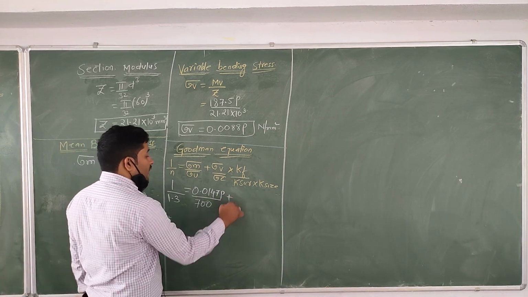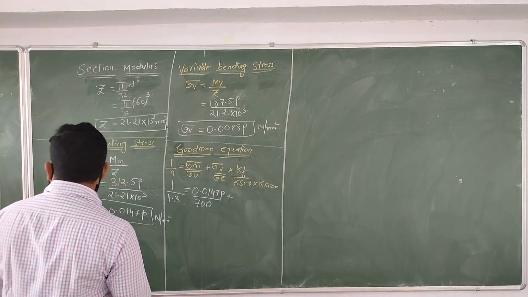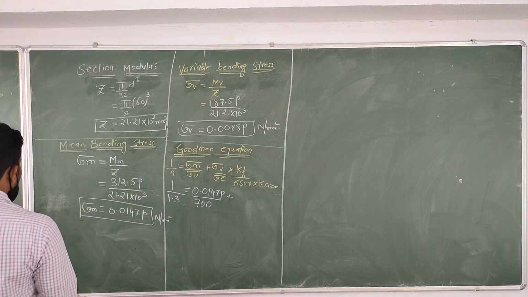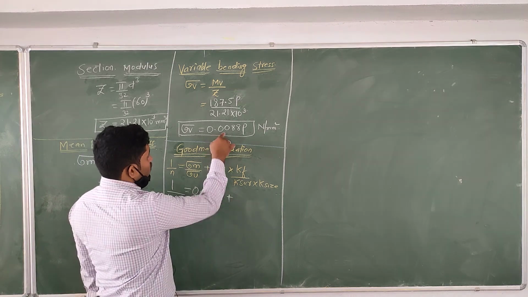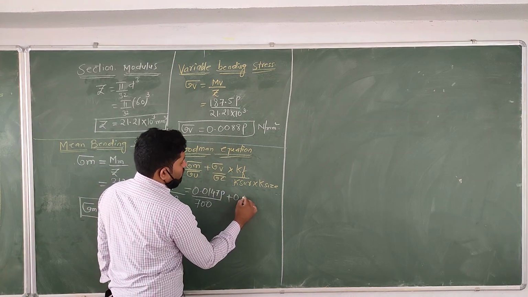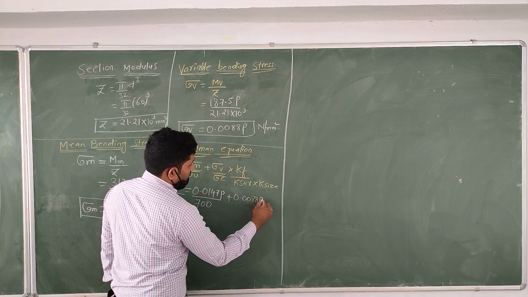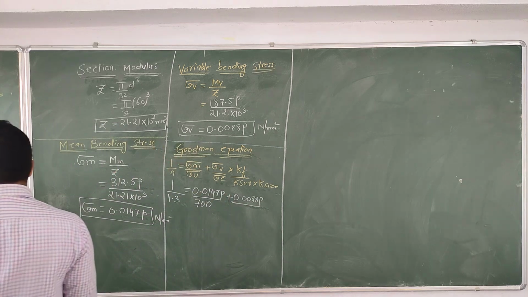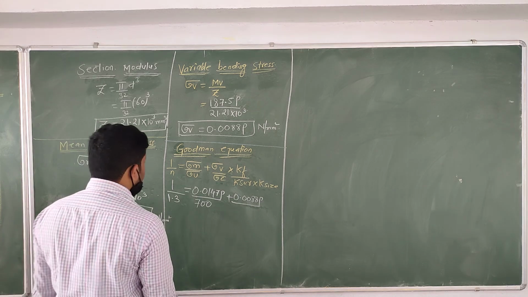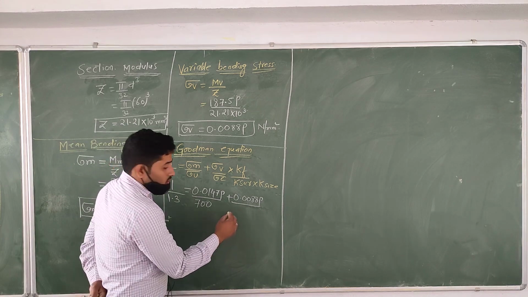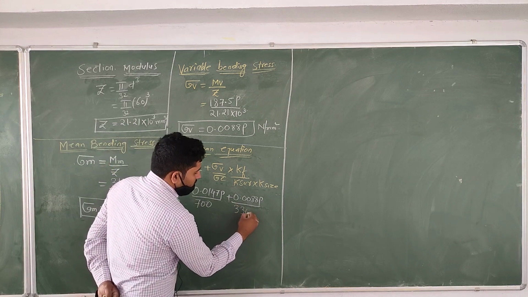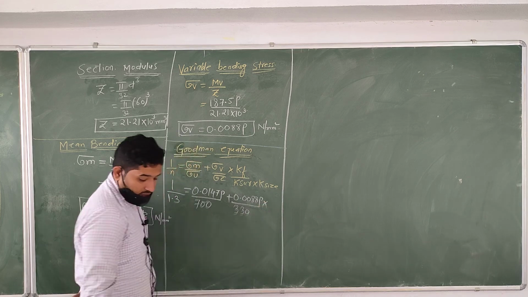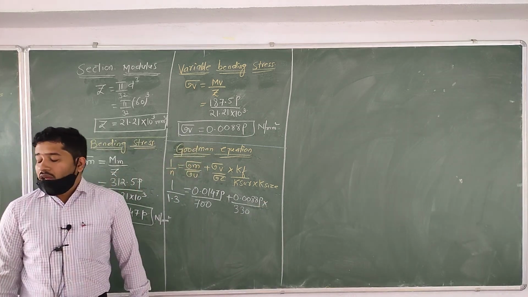Plus sigma v value, how much did we get here? Sigma v is 0.0088 P by sigma e, the endurance strength of the material, which is given as 330 into Kf.